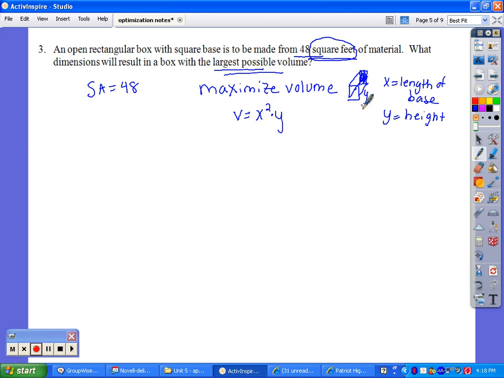That's the volume. Surface area formula, we have to find the area of all the sides and add them together. So we have one base because it's open top, so it's x squared. Plus, if I find the area of one of the sides, it's x times y, and I have 4 sides, so it's plus 4xy. And we know that this is equal to 48.